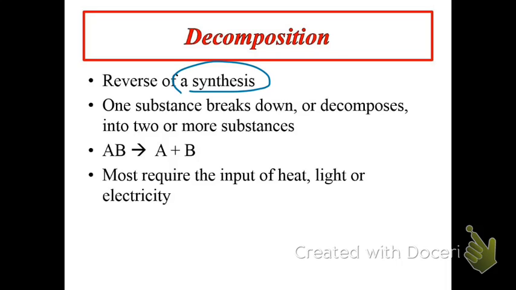If something's decomposing, it's breaking down into its original form. So it's exactly what these types of reactions do. So for example, you have that compound now. It's breaking down into element plus element. These require a lot of electricity or heat or light in order to make it so that these happen. Okay, so let's look at some examples of these.